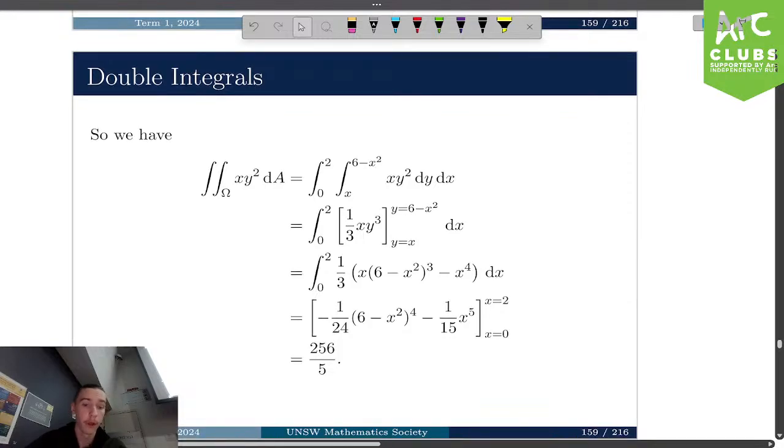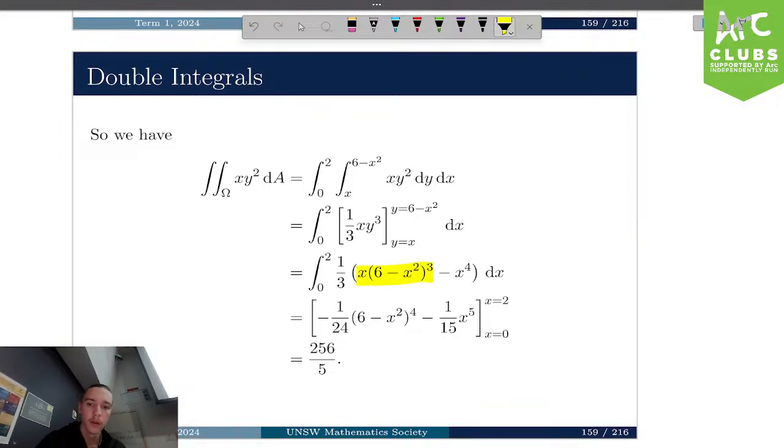So by using the reverse chain rule on this term, the single variable, high school reverse chain rule, this goes to this, and then this is just a simple power rule integral. You raise it to the power of 5, divide by 5, and then multiply by the 3, and it becomes 15. So we get this expression, and then it's a matter of plugging numbers in again.